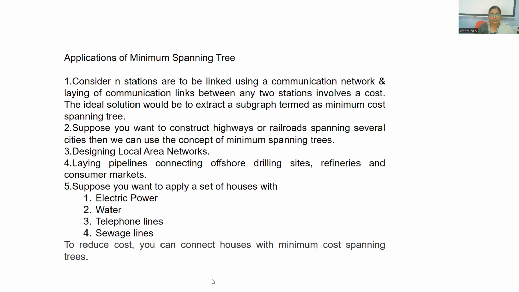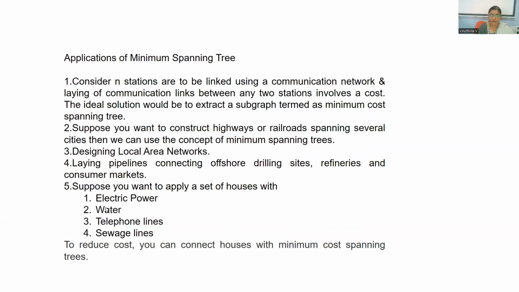And we can also use it to construct highways or railroads spanning several cities. Then we can use the concept of minimum spanning tree. We can also use it to design local area networks and for laying pipelines which connect offshore drilling sites, refineries and consumer markets.